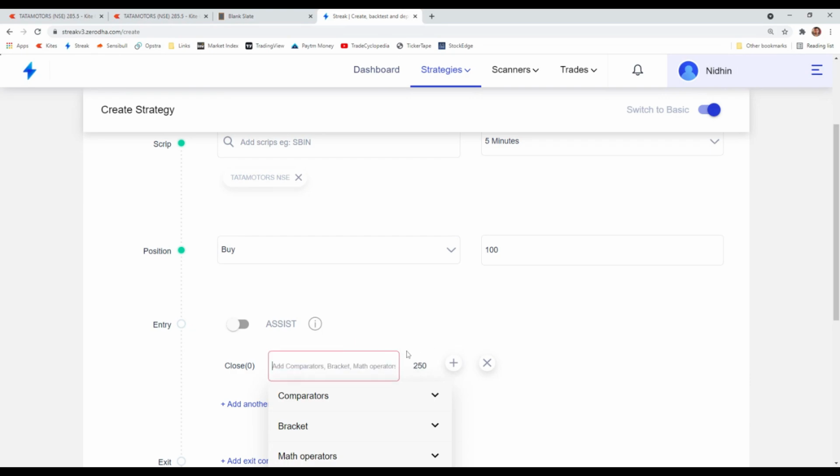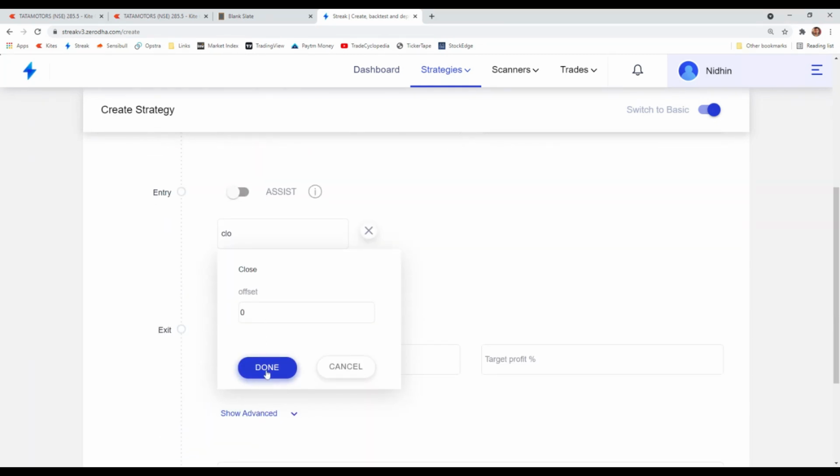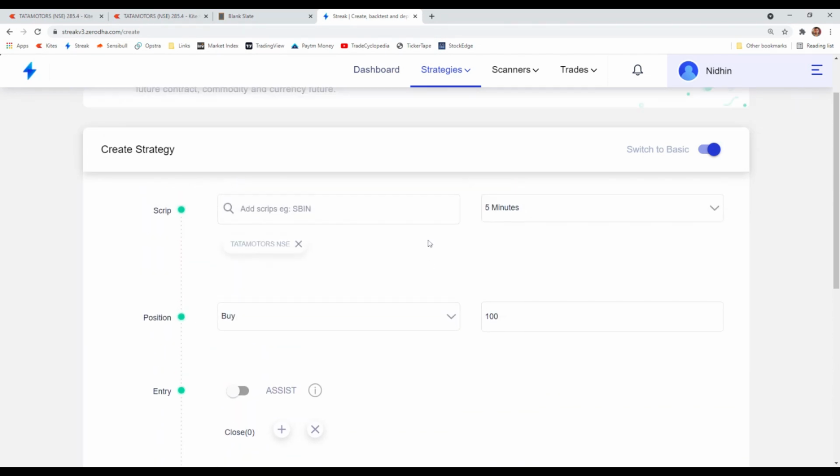Then I'll close all these things. Same, I need to select close. Close zero means the current candle. If I put -1, it would be the previous candle. If I put -2, which is the offset, it means one candle before that previous candle. So that's how it works.